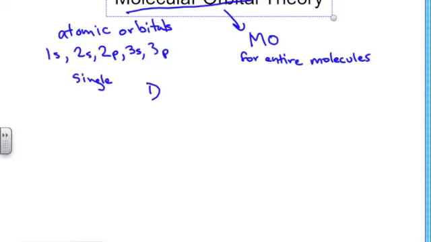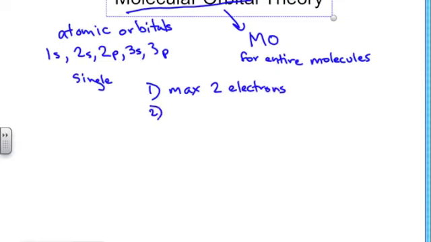For instance, with molecular orbitals, like atomic orbitals, there's a max of 2 electrons in each molecular orbital. We learned this earlier in the Pauli exclusion principle. It's going to keep coming up again.